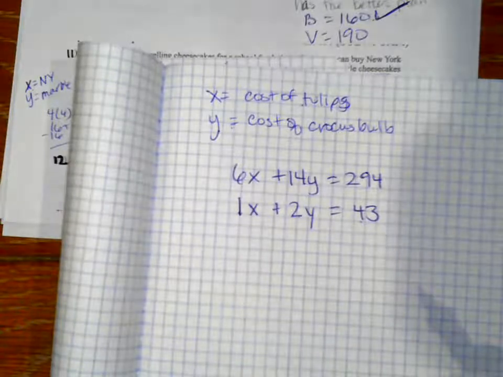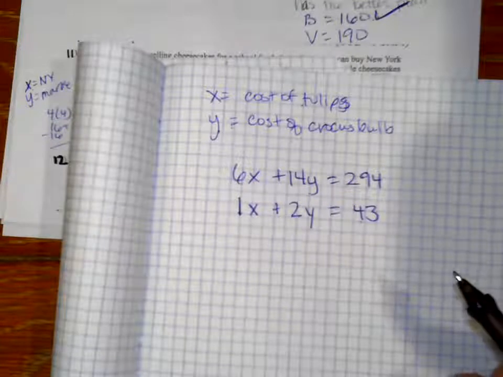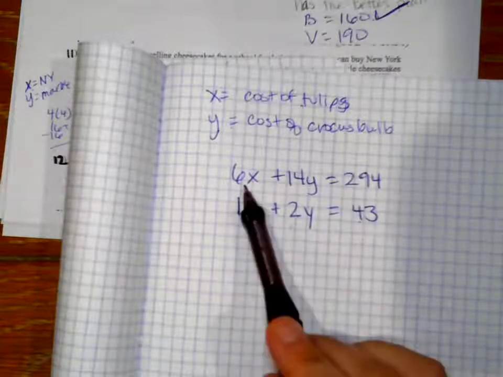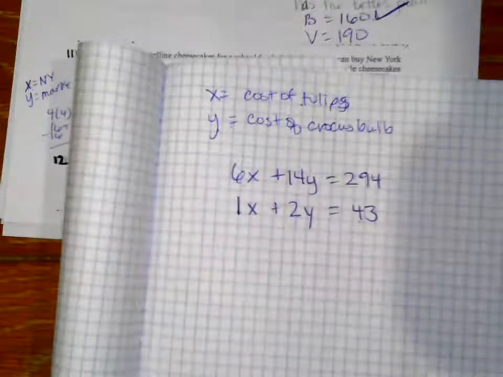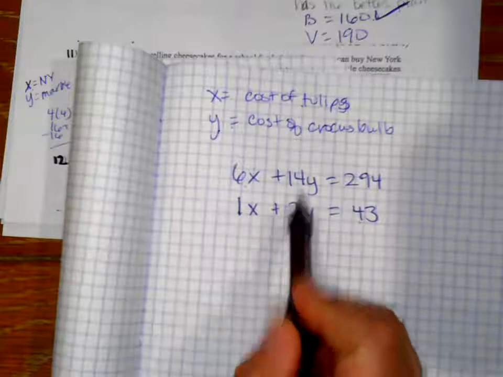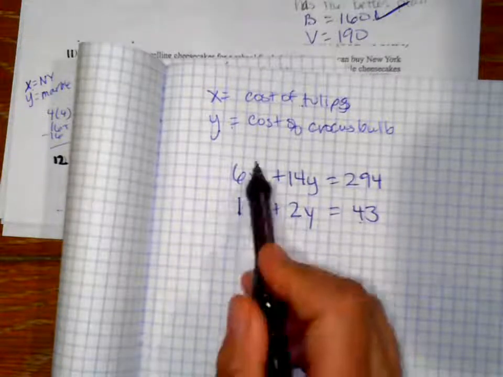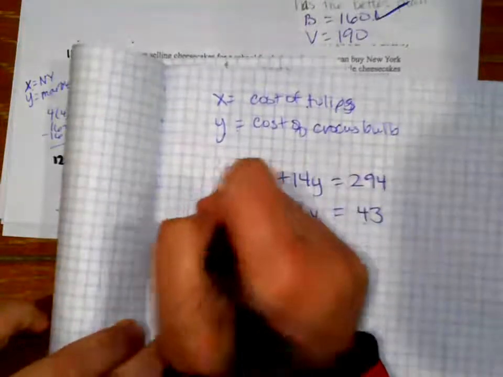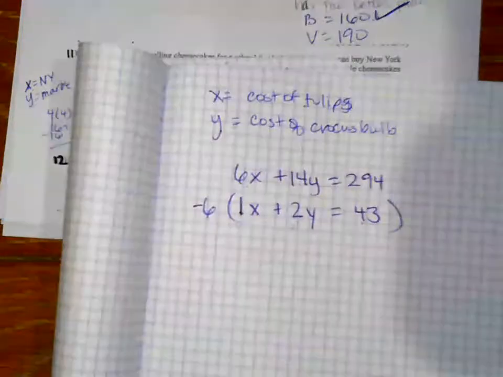So again, however you would like to go about solving this, or if you wanted to move this over and then substitute it in for X, you could do that. If you wanted to multiply the bottom by -7 to cross that out, if you wanted to multiply this by -6 to get rid of that, multiple ways to go about this. Because my class likes to eliminate, I'm just going to do it that way.